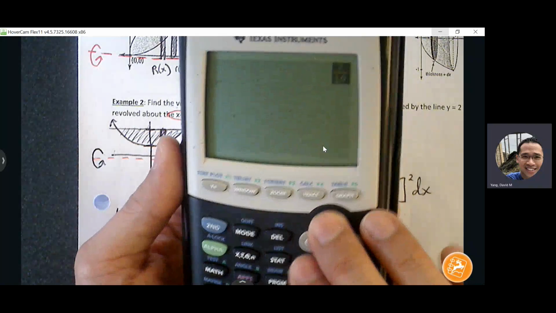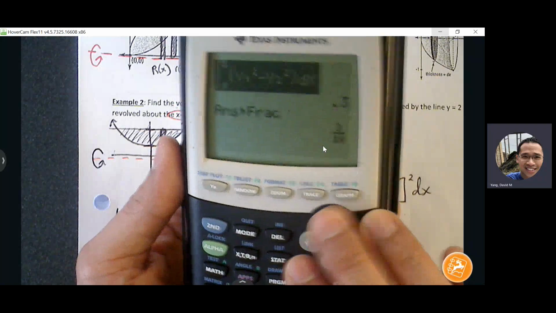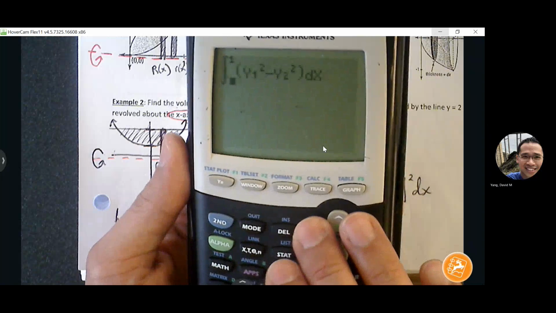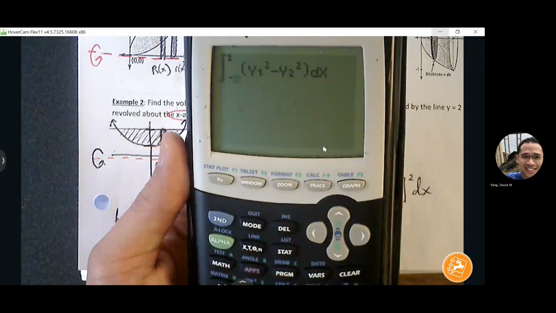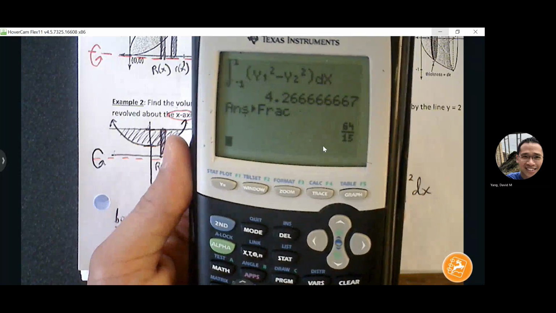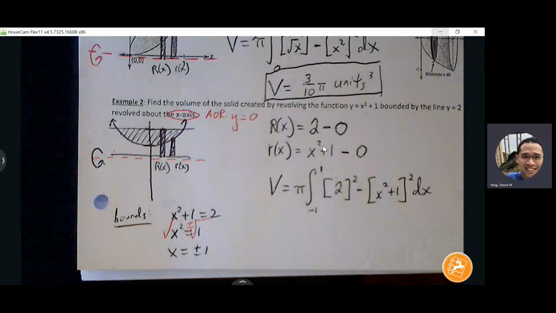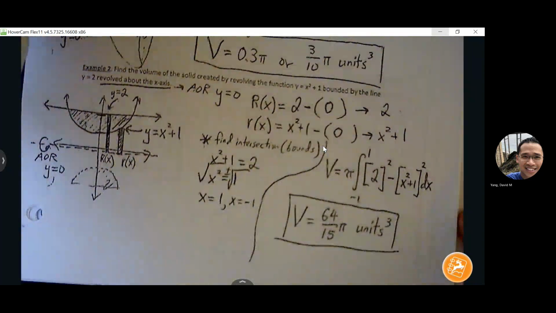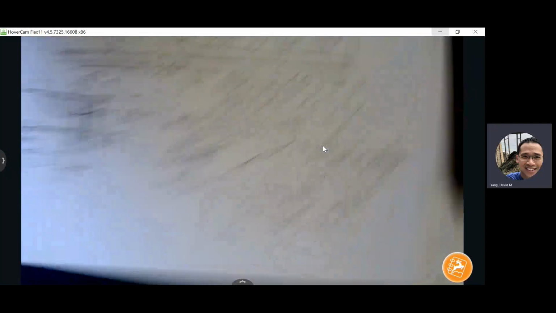That way I can just scroll up and use what I've already entered, and the only thing I need to change are the bounds. Okay, questions so far?